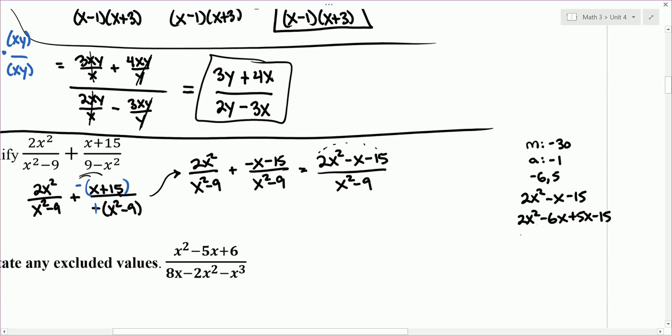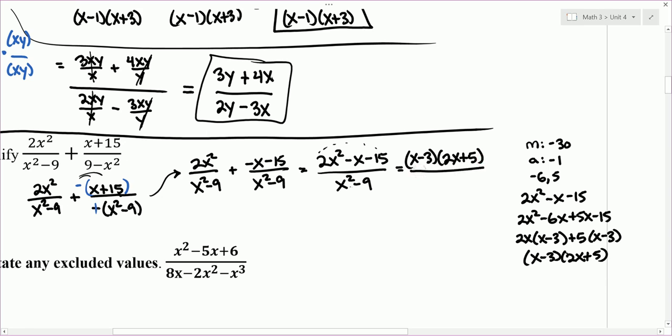Factor the left-hand side by factoring out a 2x. We're left with x minus 3. The right-hand side we factor out a 5. We're left with x minus 3. And then we factor out the x minus 3 and are left with 2x plus 5. So back to our fraction. The top part factors to x minus 3 times 2x plus 5.